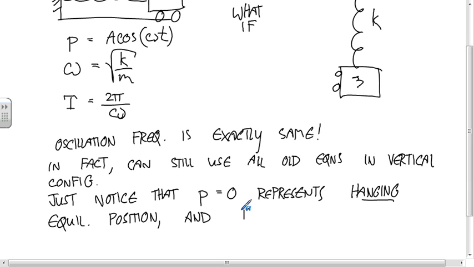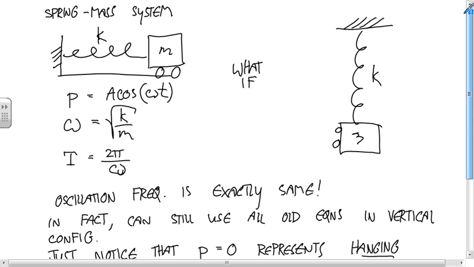And that means, if you imagine what would happen here, gravity is going to be pulling down on the mass, and that's going to mean the equilibrium position has the spring a little bit longer than it would be if it was horizontal.